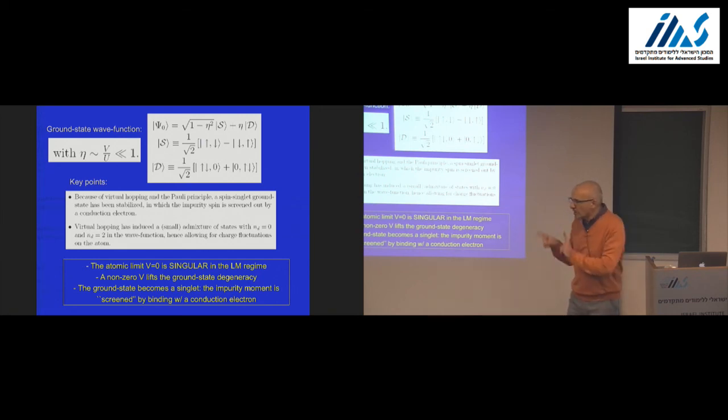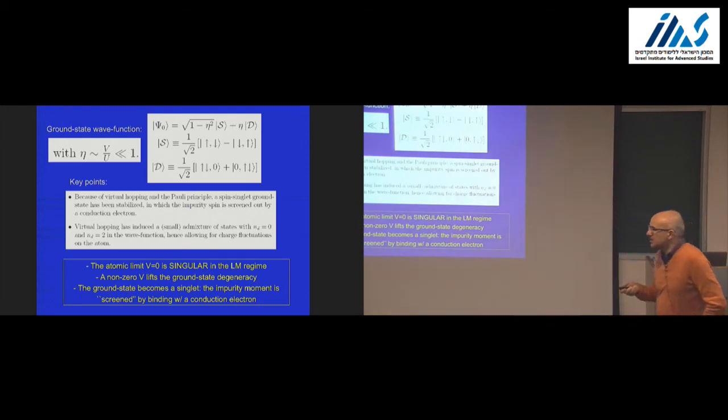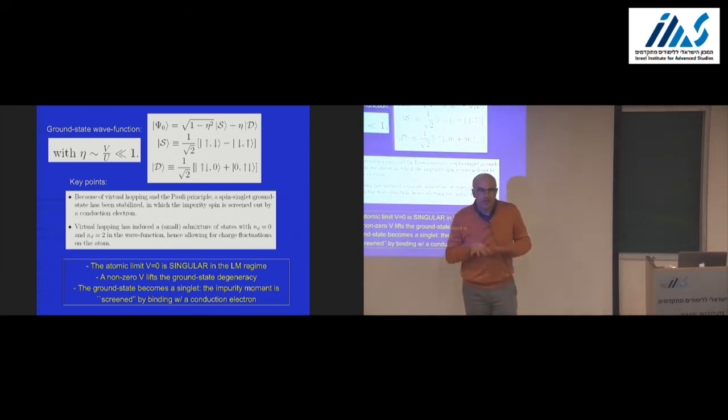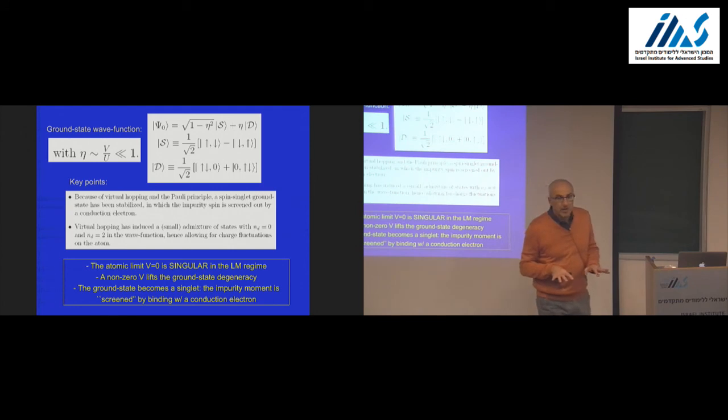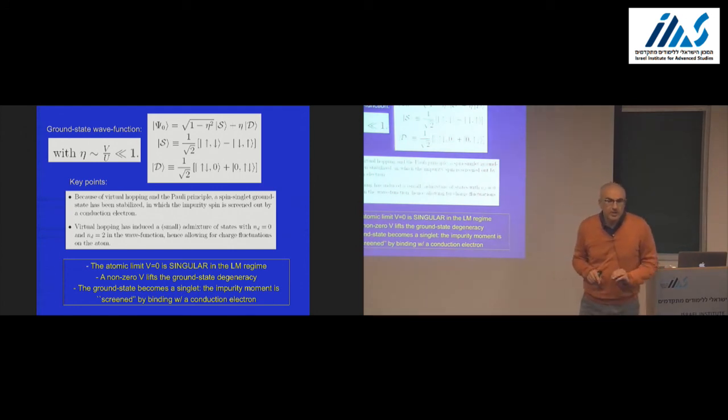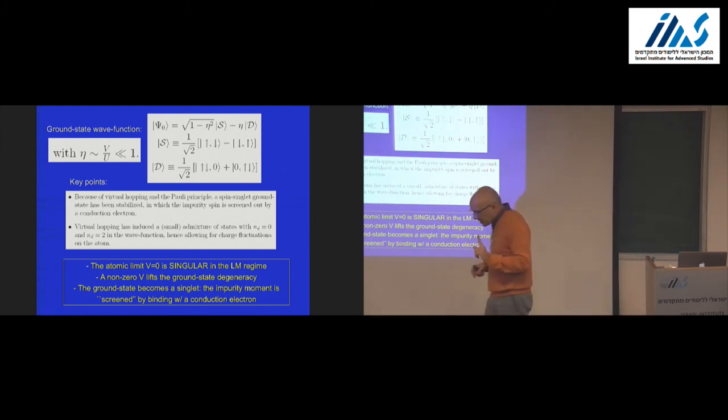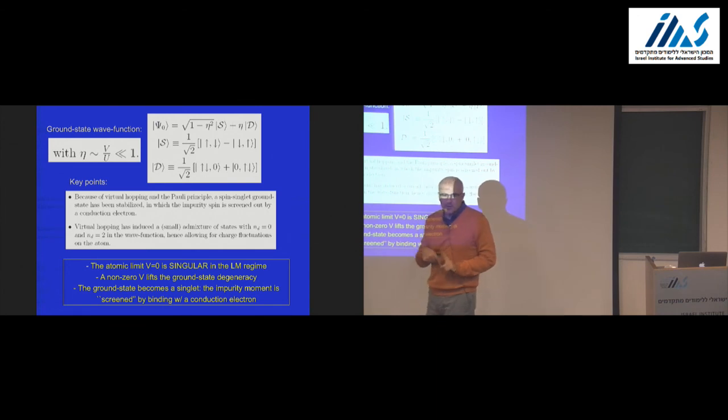Of course, originally, the Kondo effect was described, and I'll come back to it a little later in the tutorial, with a full continuum of states in the reservoir, which makes the problem dramatically more complicated because V is a singular perturbation. So that's the first phenomenon: screening of the local spin by the conduction electrons to form a singlet.